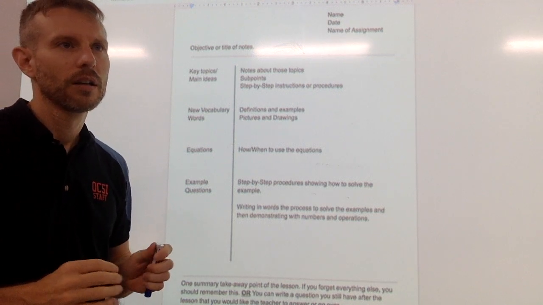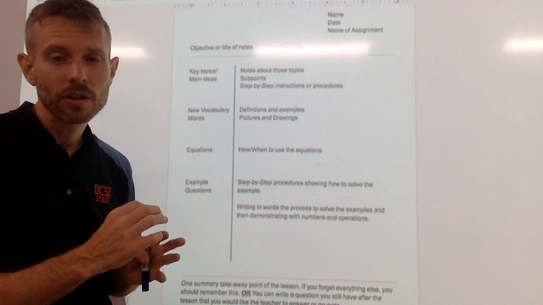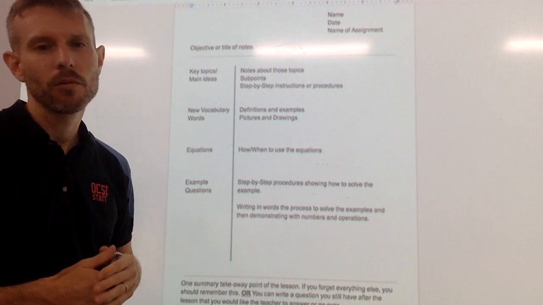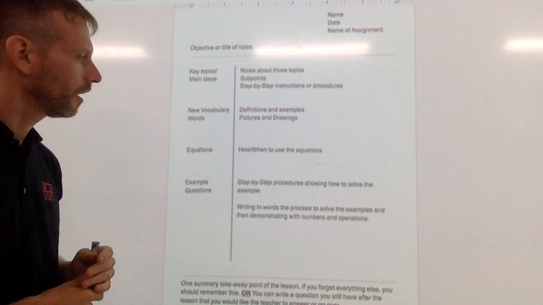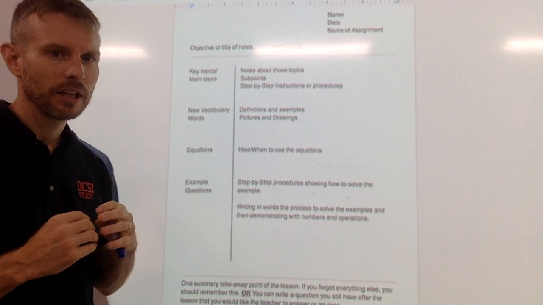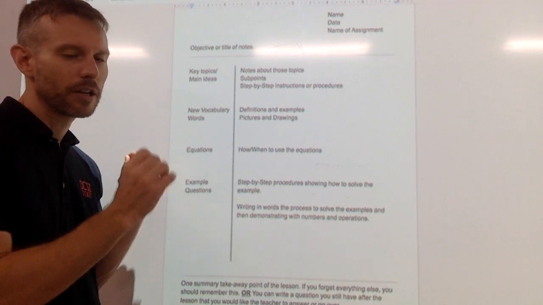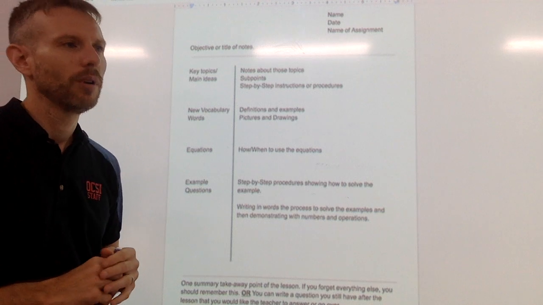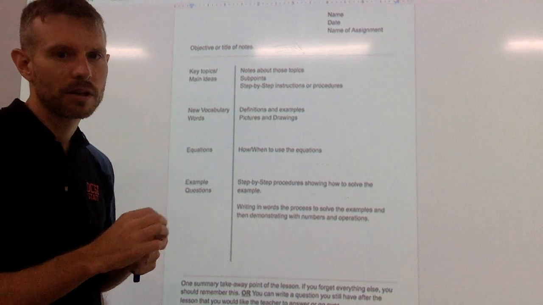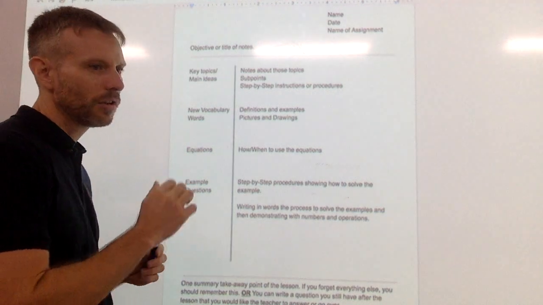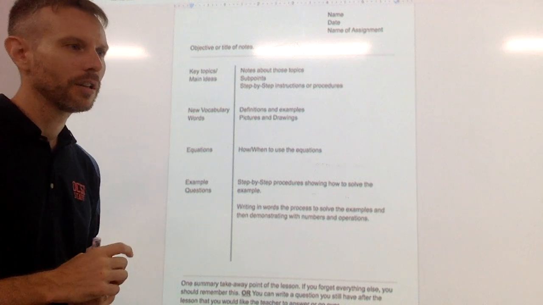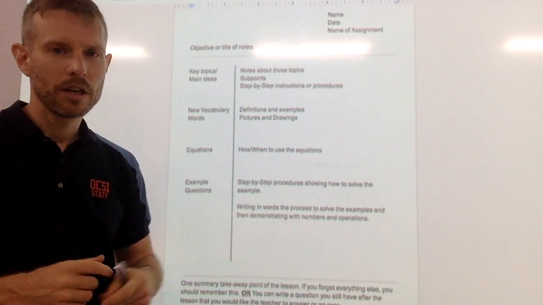You can pause the video, you can go back and rewatch part of it. Oftentimes I will write some things on the board, but maybe not every single step. Maybe we're solving an equation and I say step 1, you need to do all of the multiplication first.